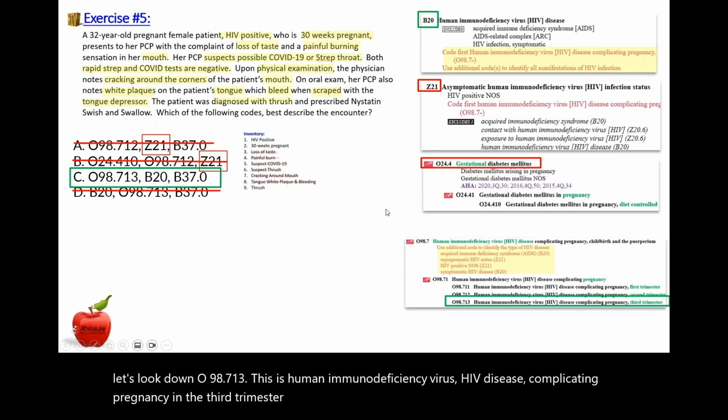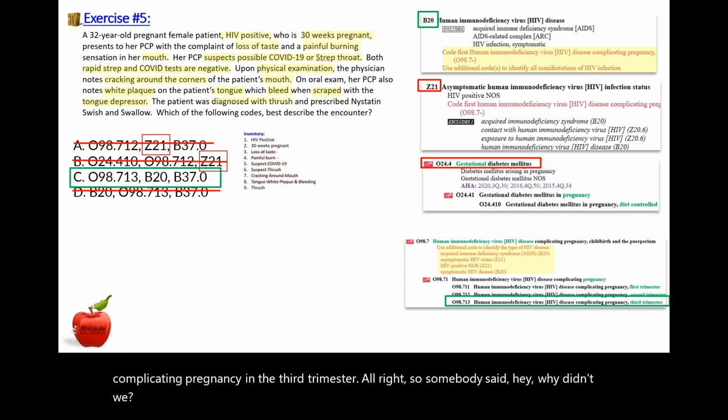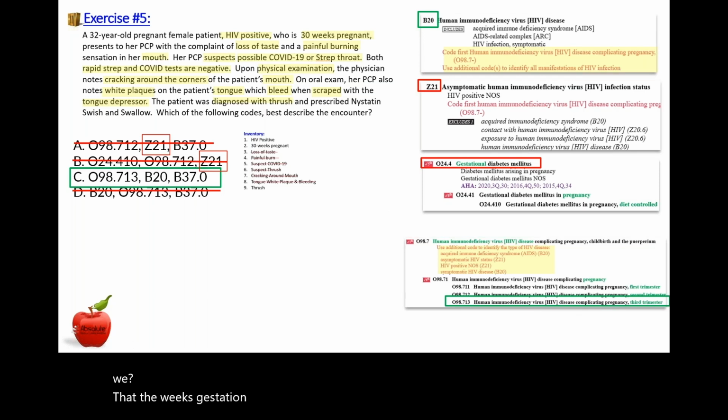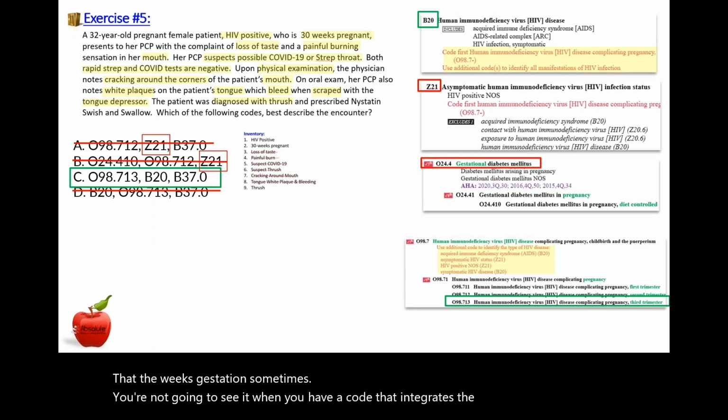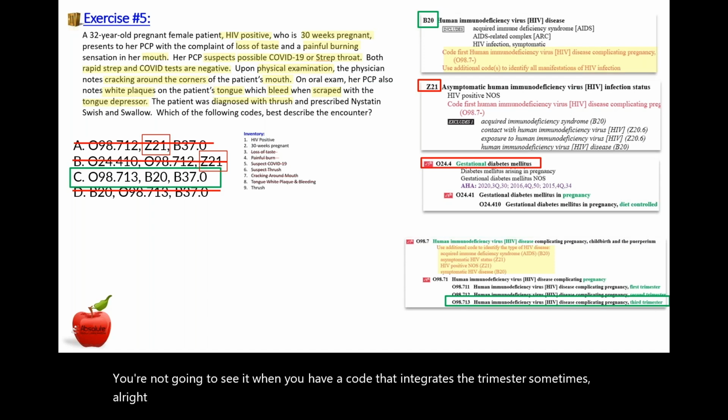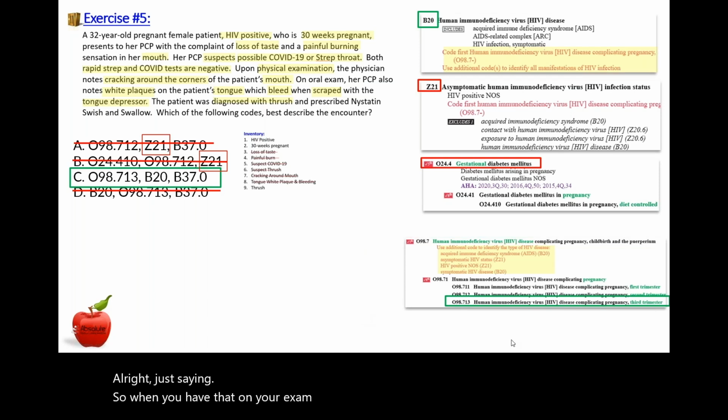All right, so somebody said, hey, why didn't we put the weeks of gestation? Sometimes you're not going to see it when you have a code that integrates the trimester. Sometimes. All right, just saying. So when you have that on your exam, don't get flustered, right?